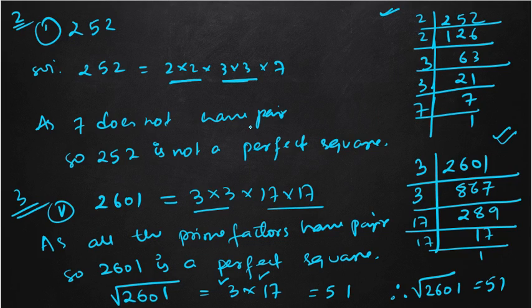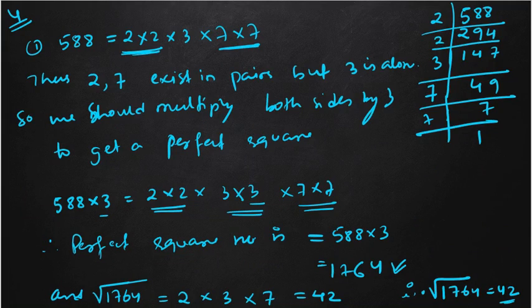And in question number 4, what is it? We need to find the smallest number by which, if you multiply, the number will become a perfect square. So all the numbers in question 4 are not perfect squares. So we need to multiply by some number, then only it will become a perfect square. For that we need to first find the prime factorization of 588. If I choose the first one, on finding the prime factorization, we see that 2 has a pair, 3 does not have a pair, 7 has a pair.